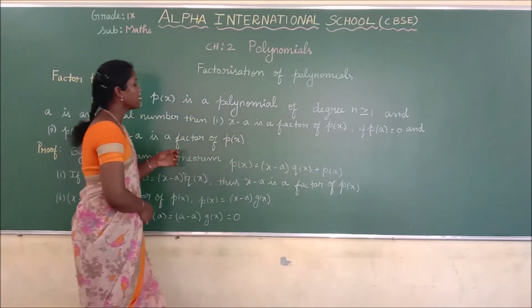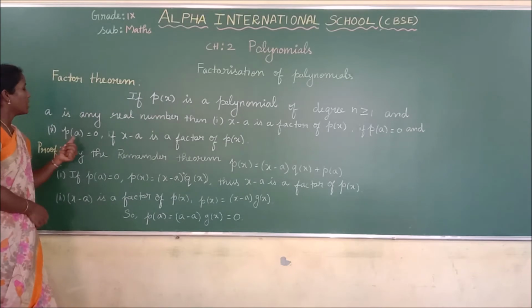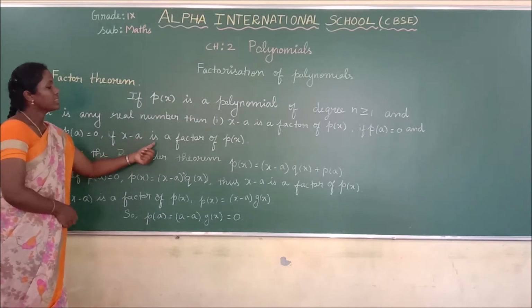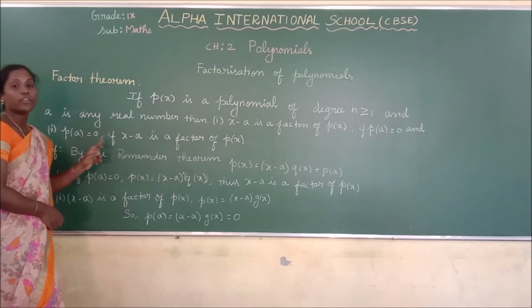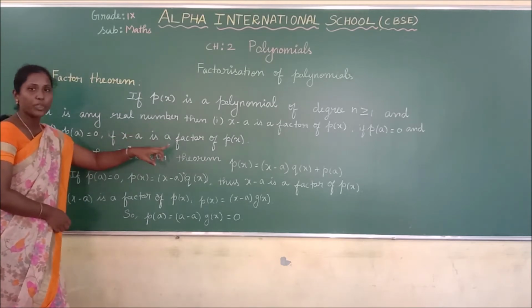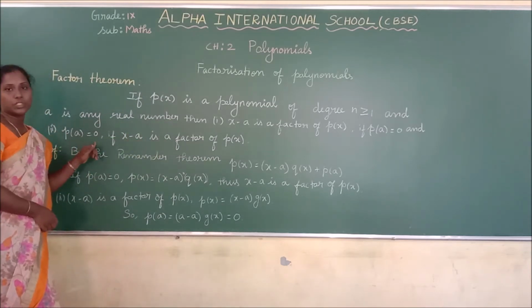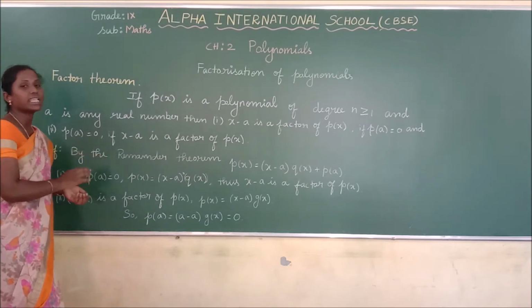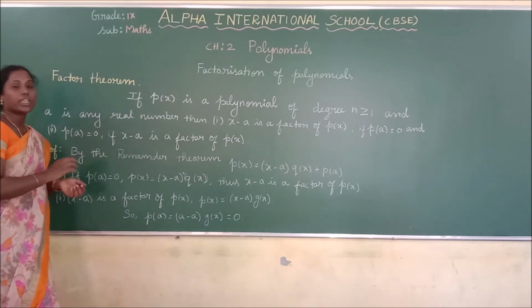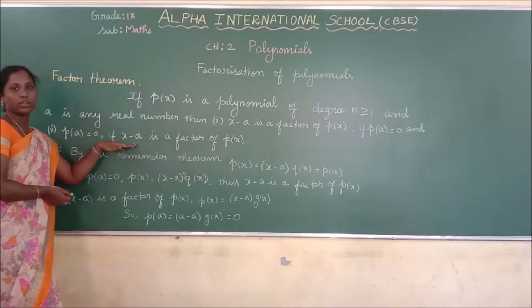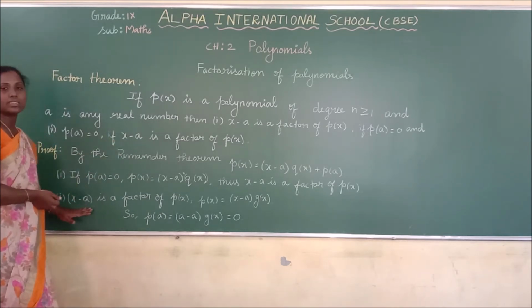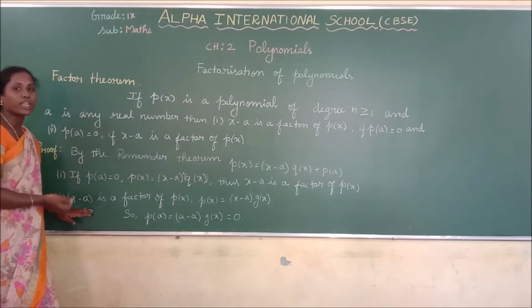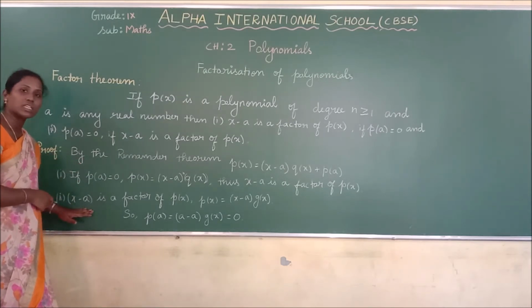What is the second case? If x minus a is a factor of p of x, then p of a equals 0. If x minus a is a factor of p of x, we can substitute the zero of the factor. What is the zero of x minus a? X minus a equal to 0 means x is equal to a.